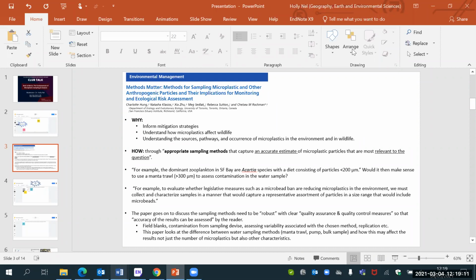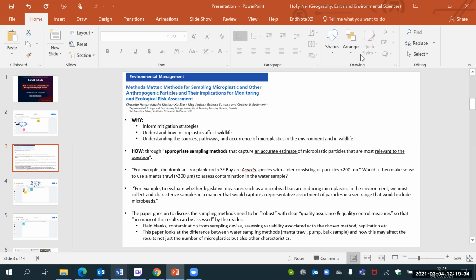So this paper gives some really nice examples, and that's why I hope that you will be able to read it after this. But it says that you need to look at appropriate sampling methods that capture an accurate estimate of microplastic particles, and that it is the most relevant to the question that you're trying to answer.